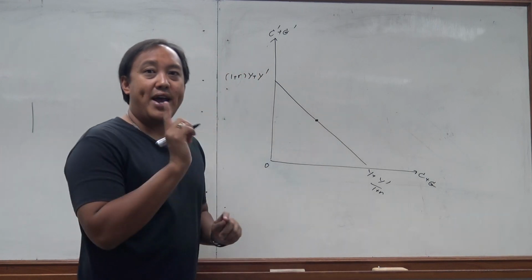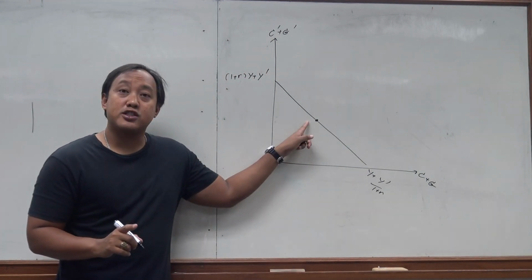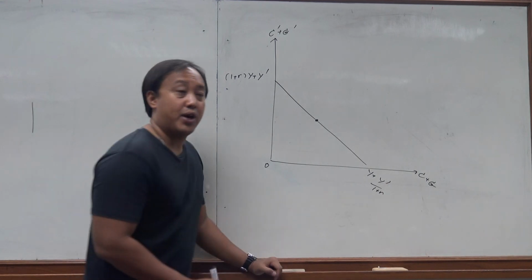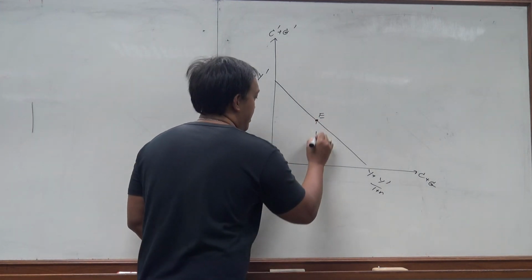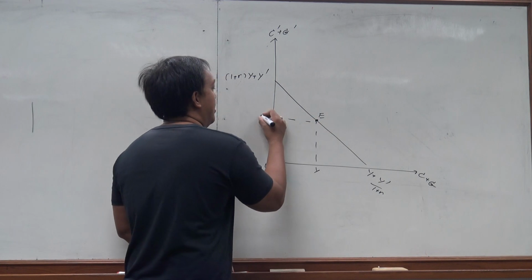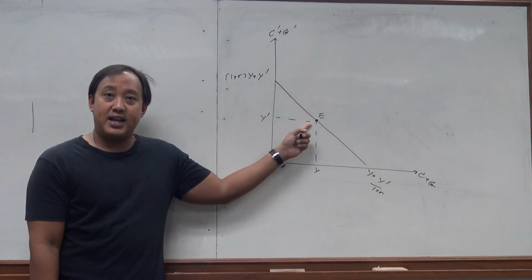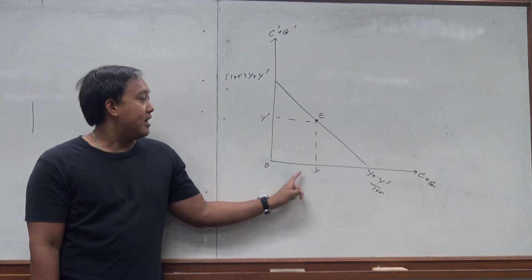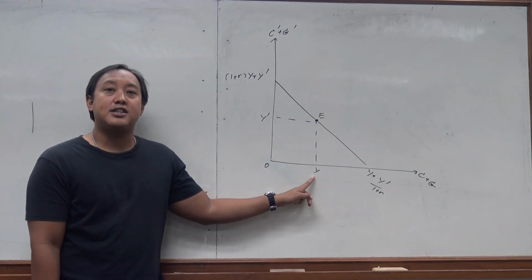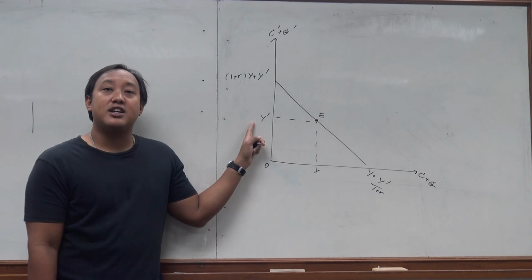For example, I assume that the endowment point is in the middle of the graph. Let's say E, Y today, Y prime tomorrow. I assume the endowment point is here. So from the endowment point, this is the national income today, the GDP today, and here is the national income tomorrow, the GDP tomorrow.